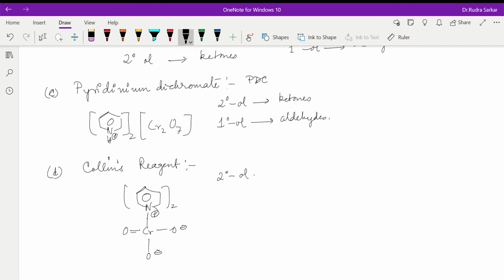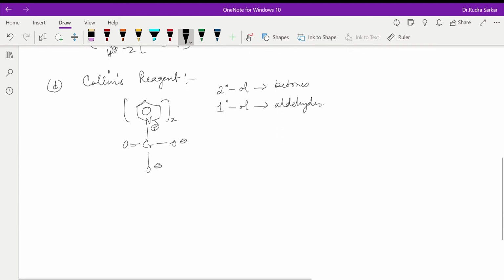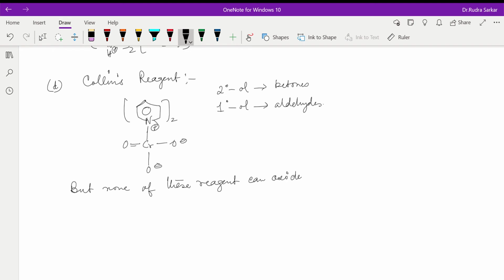It will convert 2-degree alcohols to ketones and 1-degree alcohols to aldehydes. But none of these reagents can oxidize 3-degree alcohols.